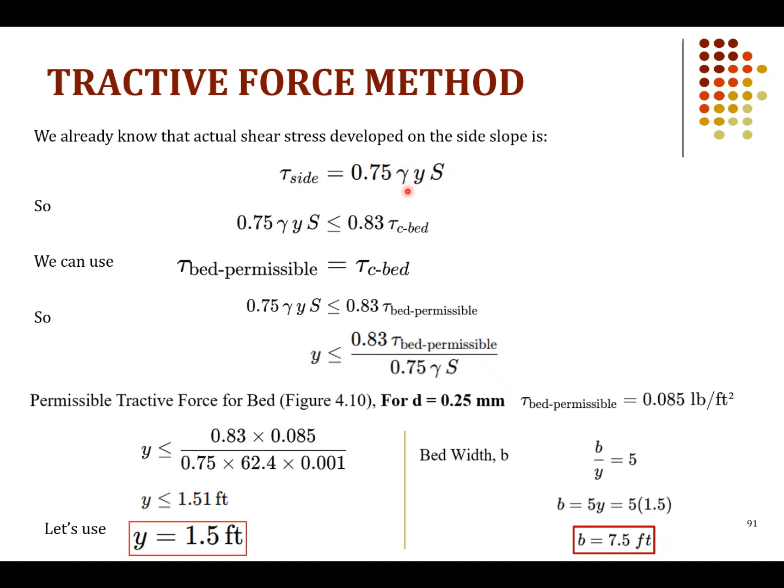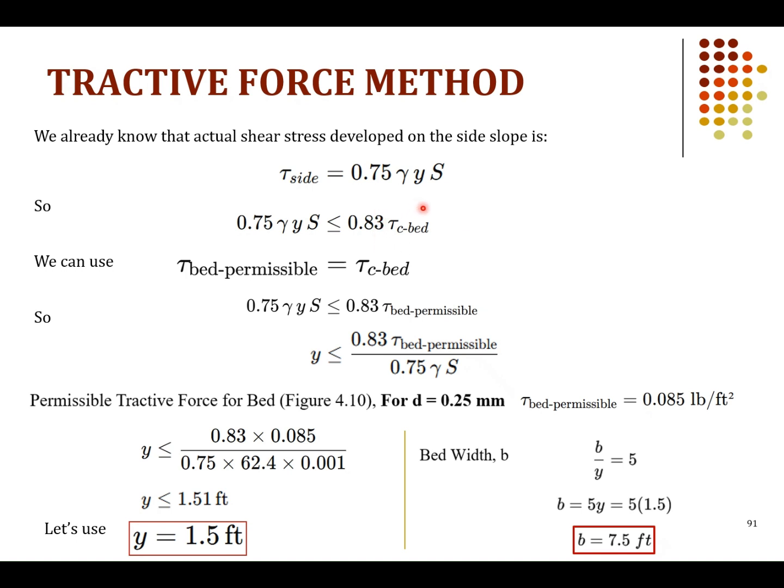So referring to the previous slide, it means that this tau for the sides should be less than or equal to 0.83 tau C for the bed. If we ensure this, it will ensure the stability of the cross section.